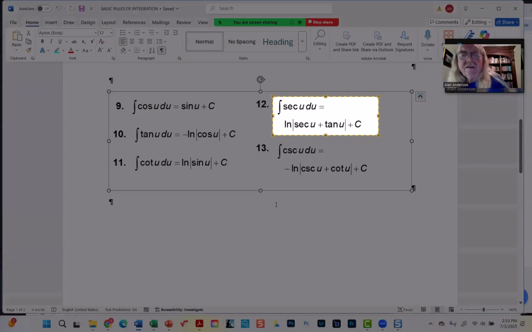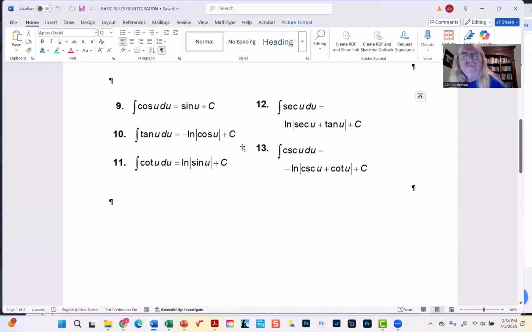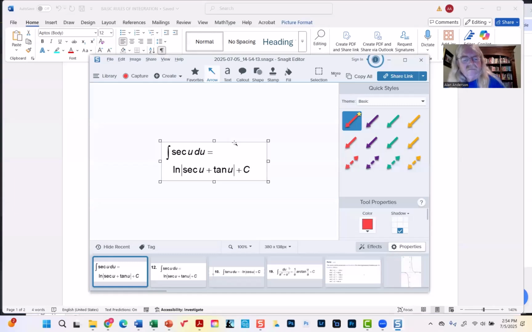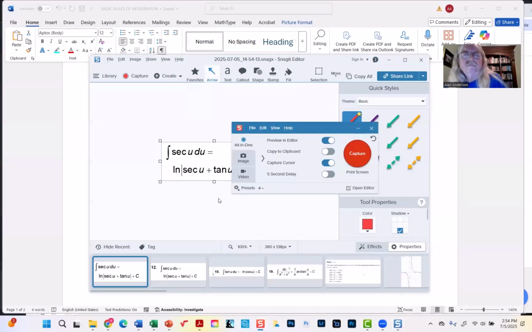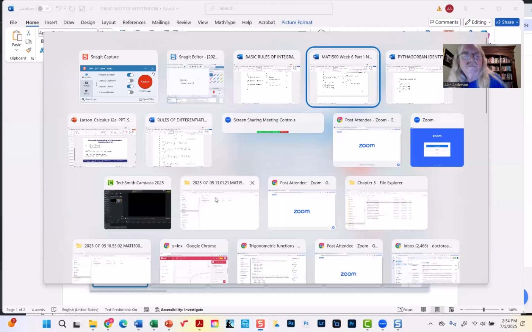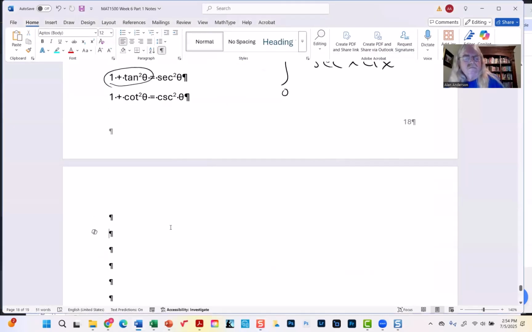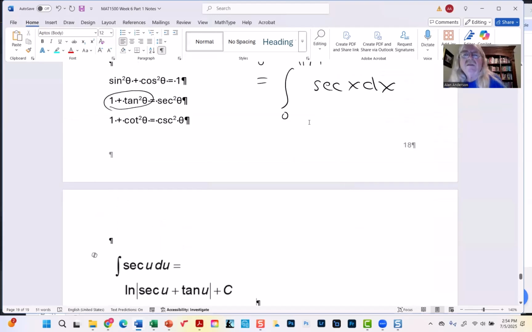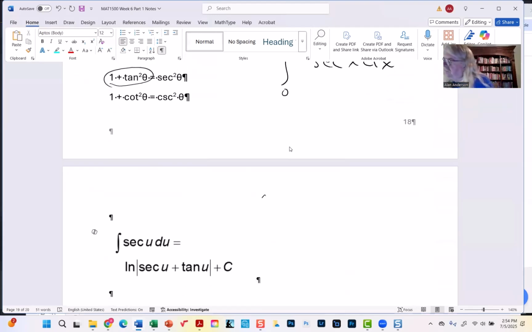Okay, let's try that again. Okay, great. So that means what we have here is the integral from 0 to pi over 4 of... actually, no, sorry, we don't need that, we've already taken the integral.